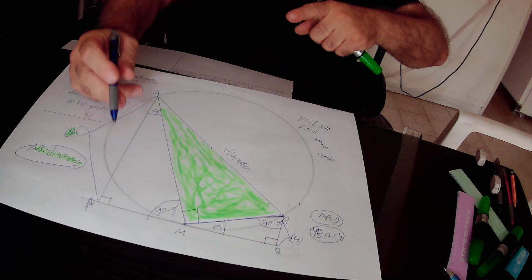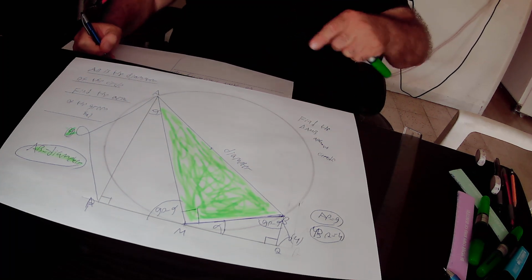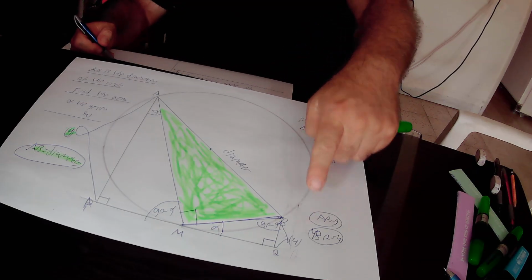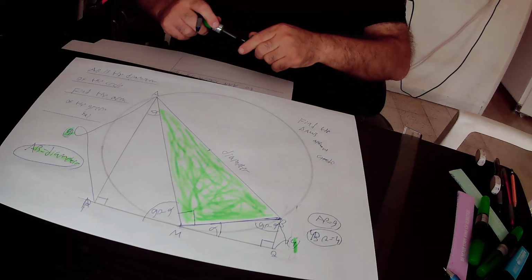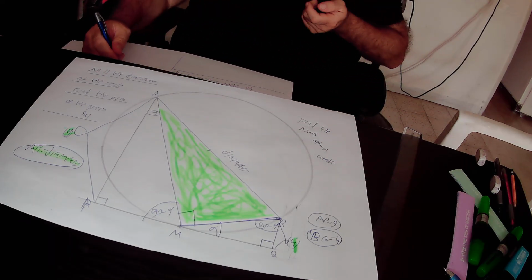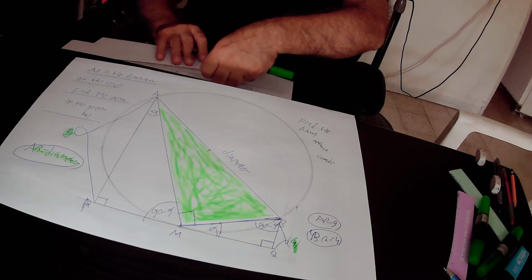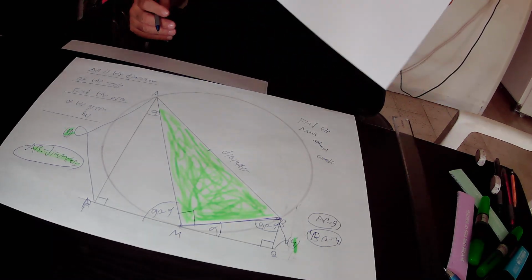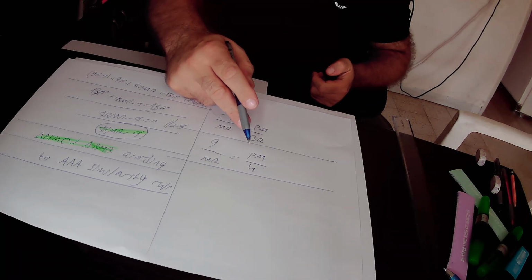PM is the missing side, so units it is. Over BQ. BQ equals 4 units in its length. So in total, we have found out that 9 over MQ equals PM over 4.